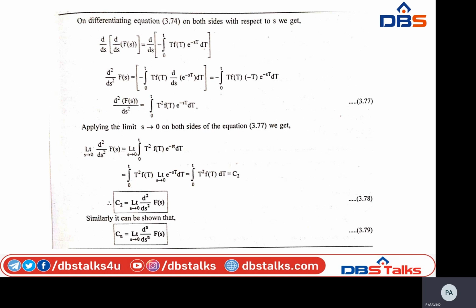Likewise, Cn equals limit s tends to 0 of d power n by ds power n of F(s). Okay, so these are the evaluations of generalized error coefficients. Remember these generalized error coefficients.